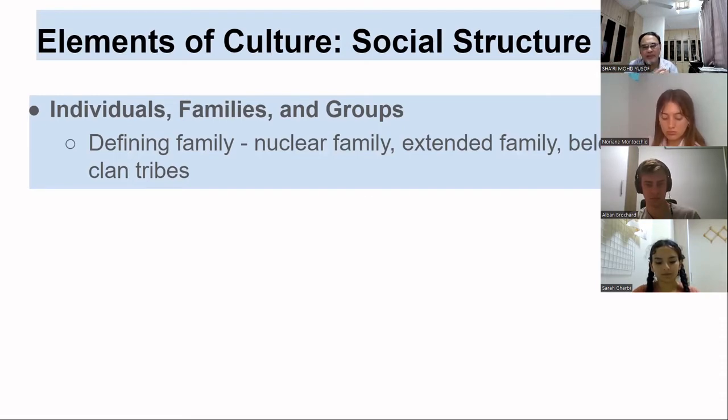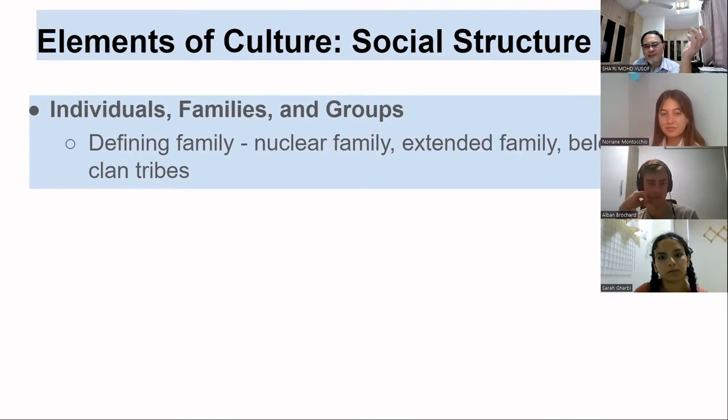Versus extended family, where a household consists of the grandfather, the father, the mother, the children, the grandchildren. So there's an extended family, like in Chinese society or probably in Arab society. Arab society also has this extended family structure, whereby they live together in a house.